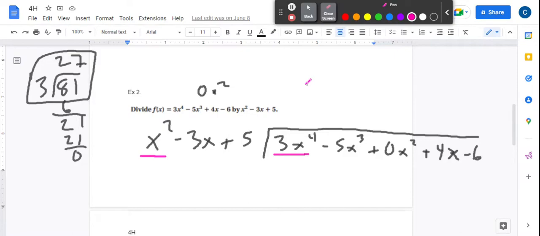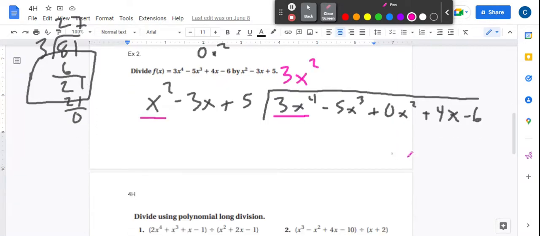So if we have 3x to the fourth and divide it by x squared, what we end up with on top is 3x squared. All right. So now what we're going to do is multiply this whole thing by 3x squared. Okay? Multiplying this whole thing by 3x squared.